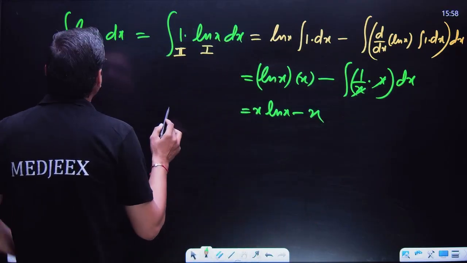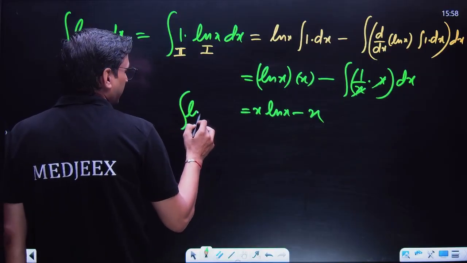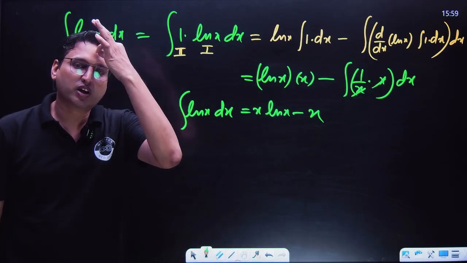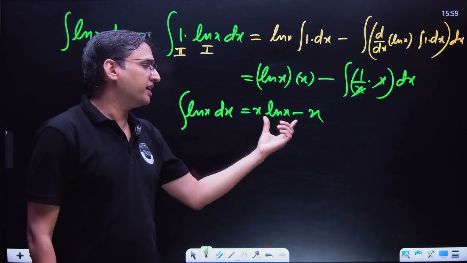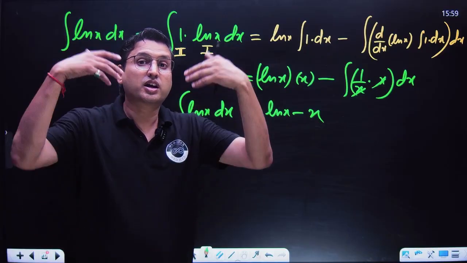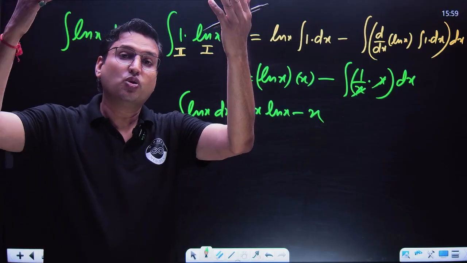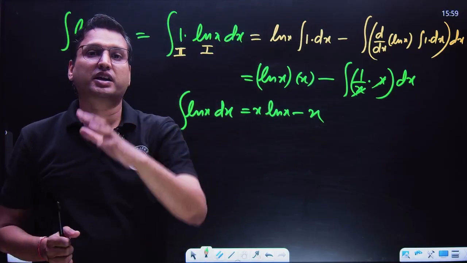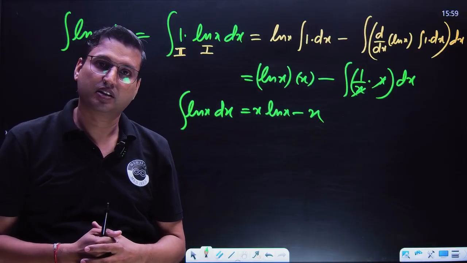Now see, integration of ln x after applying integration by parts is this one, and you cannot think of this by the antiderivative method, meaning assuming a particular function whose differentiation is this one, not possible. That is why the integration by parts concept came out, yes or no?